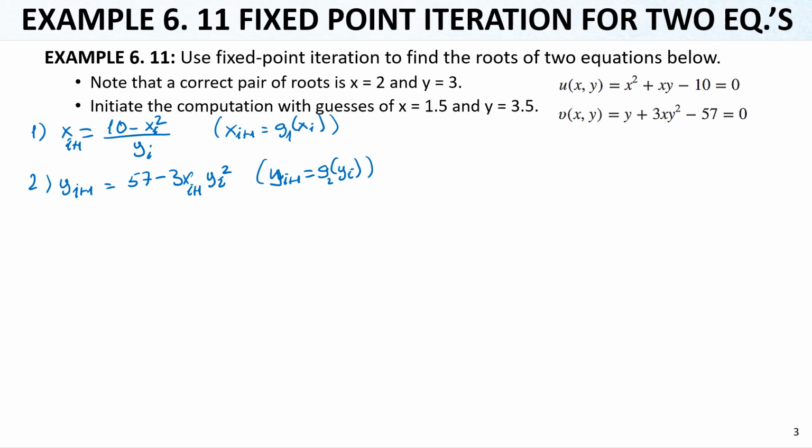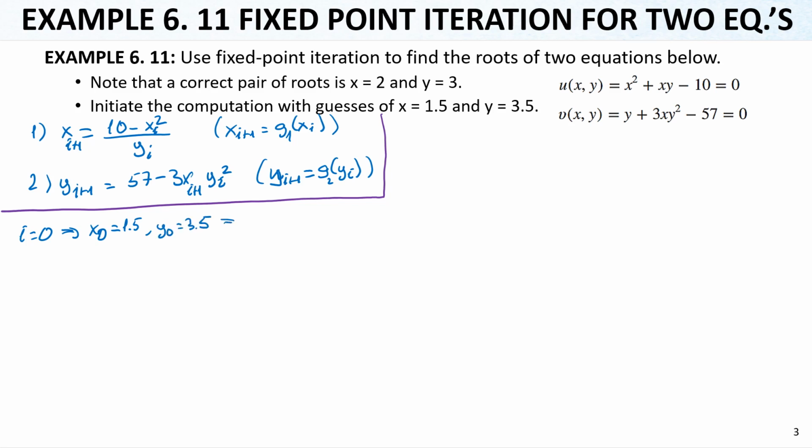If i equals 0, let's have this in a bracket like this, and let's start with i is 0. Then we know that x0 is 1.5 and y0 is 3.5. Then from the first function, x1 is equivalent to 10 minus 1.5 squared, divided by 3.5 squared.